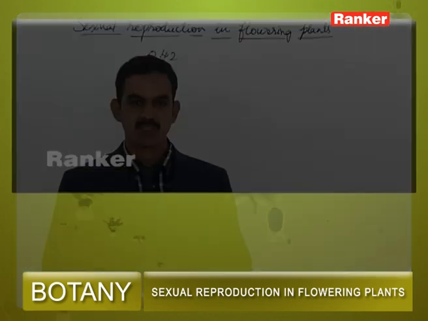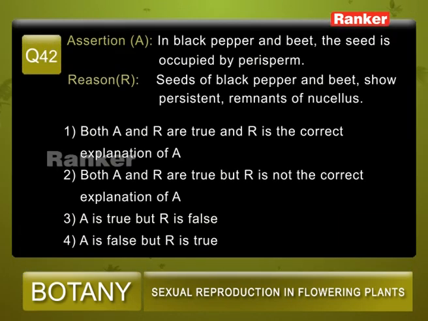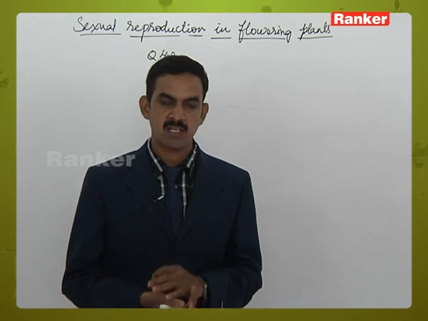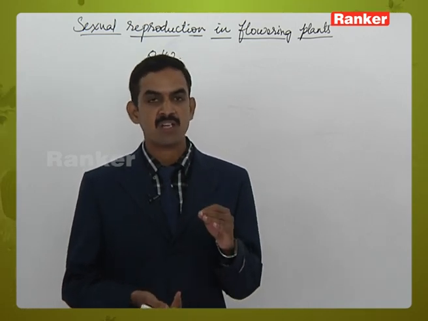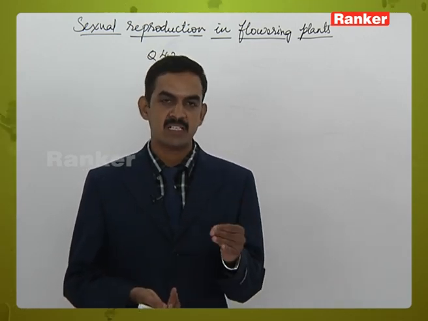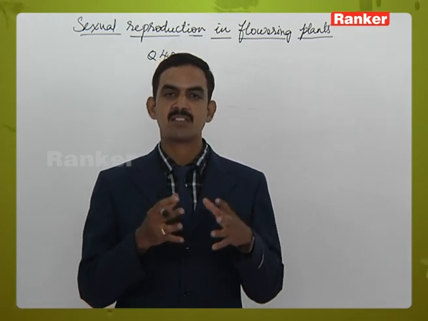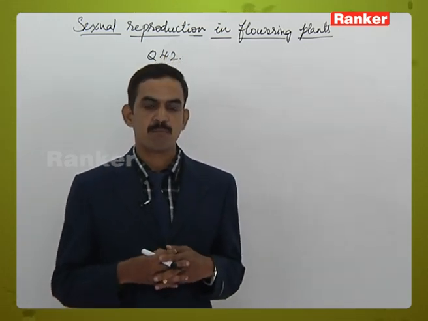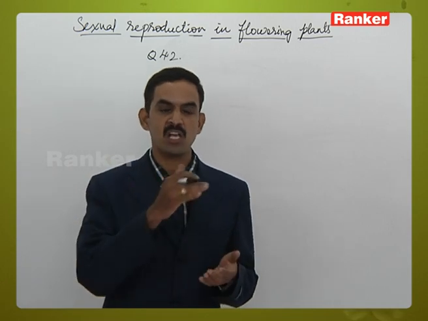Question number 42, assertion: in black pepper and beet, the seed is occupied by perisperm. Reason: seeds of black pepper and beet show persistent remnants of nucellus. Okay, here in black pepper and beet, there is one special feature that the nucellus is left out in a ripened seed. That remnant nucellus is called perisperm, which occupies the majority of the seed.